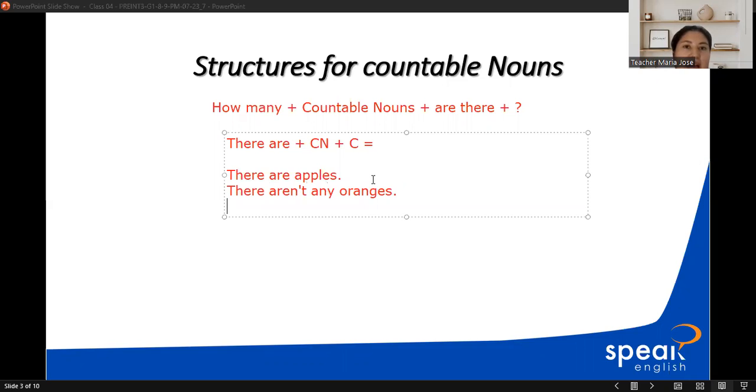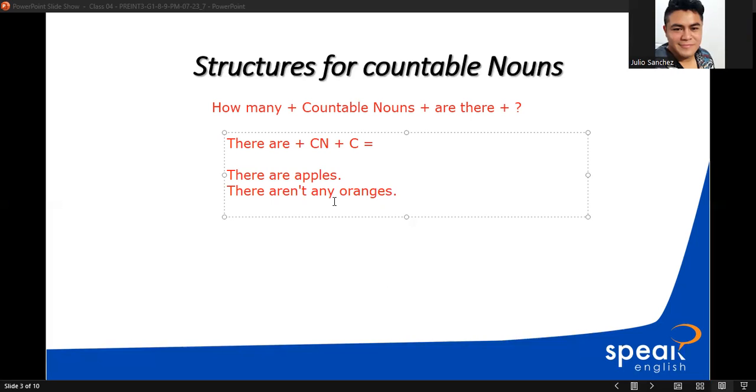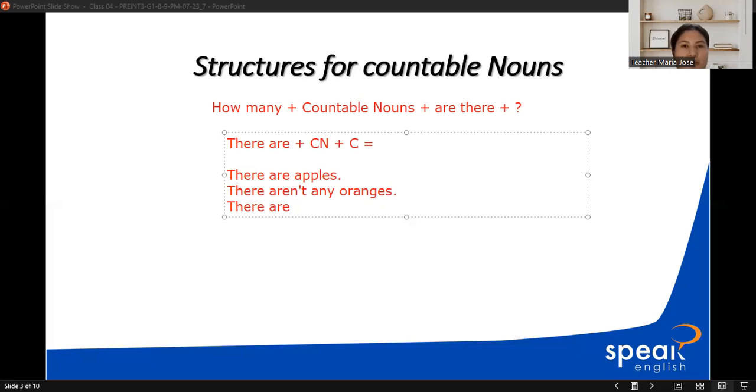Okay. Can I have another example with a different structure? Julio? There are a few eggs. Few or a few? A few eggs. Excellent.